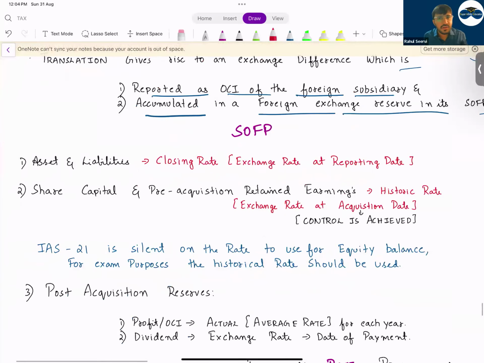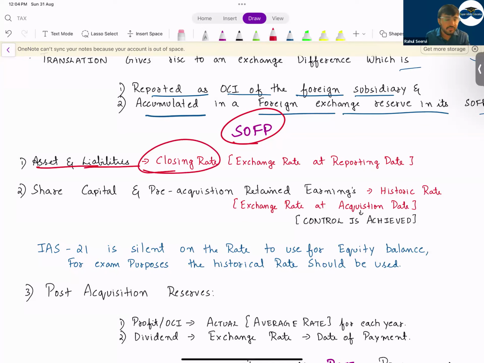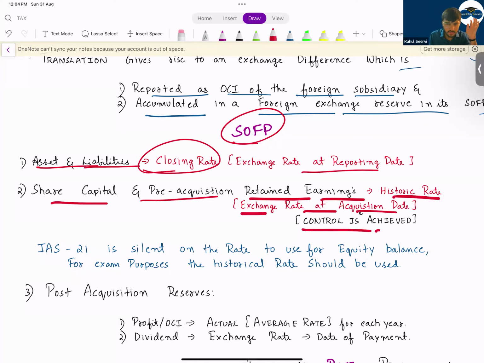Now, in case of the SOFP, the balance sheet, how will you consolidate? Assets and liabilities will be converted at the closing rate, the exchange rate at the reporting date. Share capital and pre-acquisition retained earnings use the historic exchange rate at the acquisition date, when control is achieved.